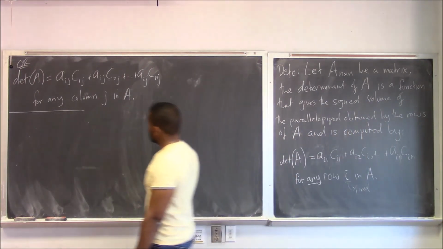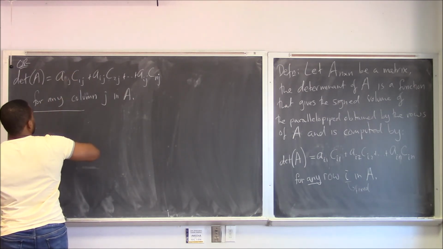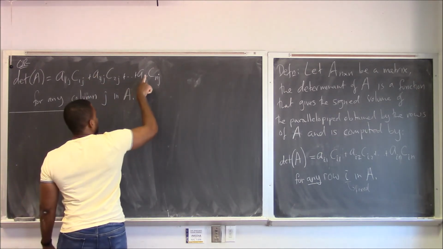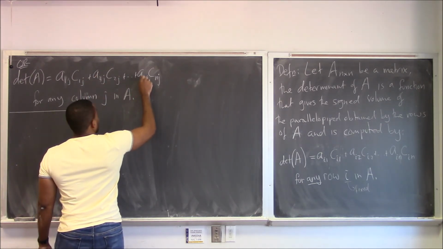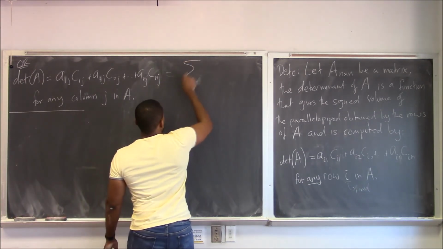And here, I want to fix the columns. So the first guy is 1, 2, n.